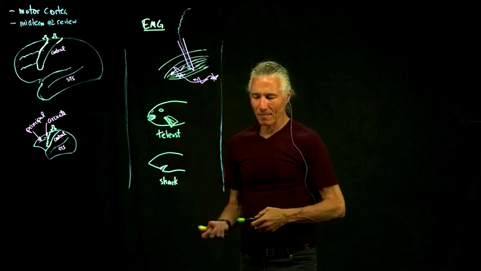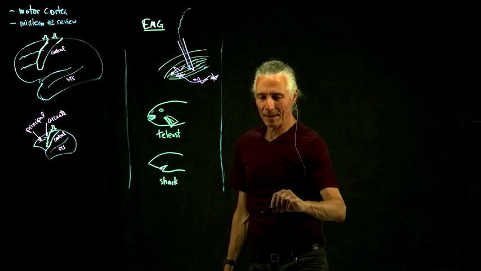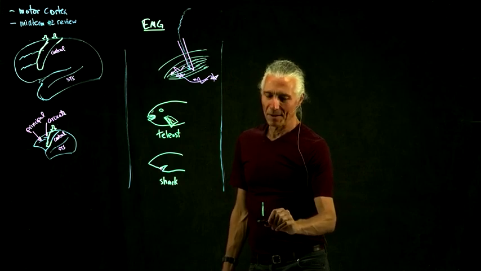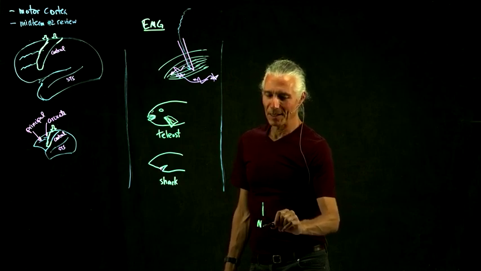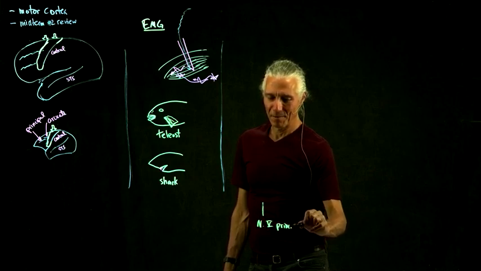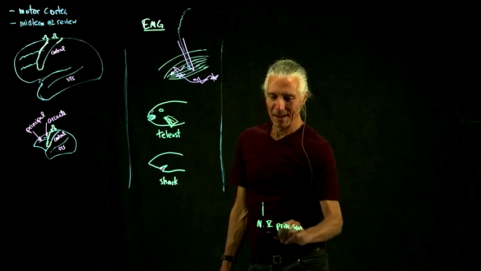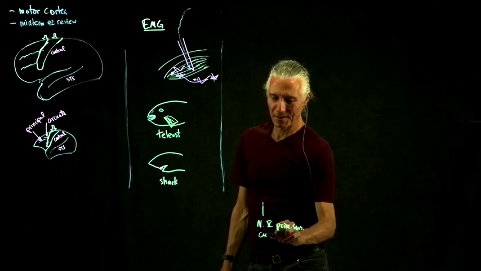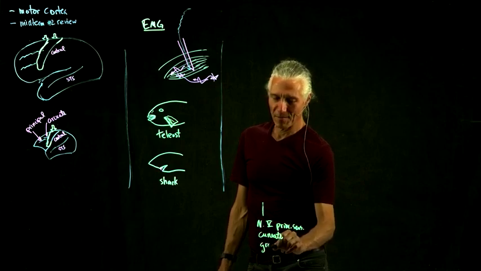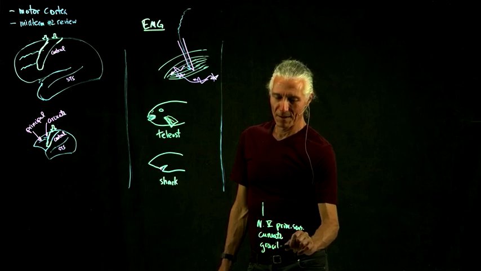So if we look at a primate or a cat, we know that the principal sensory nucleus of nerve 5, and the cuneate, this may be on the test, the cuneate, that's the arm, and the gracile, remember that one was the foot and the lower part of the body.